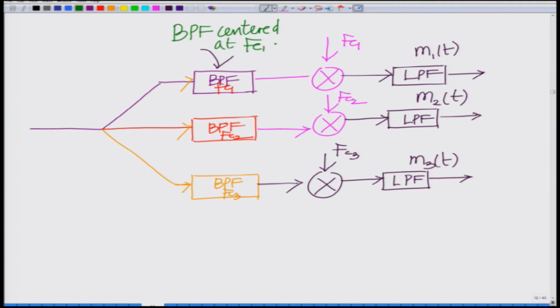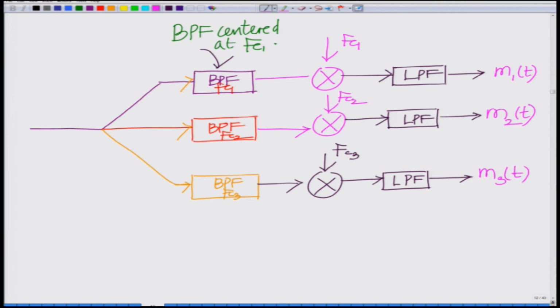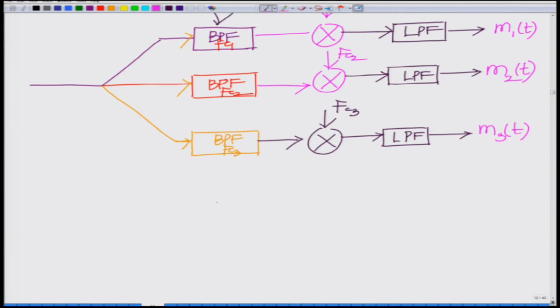Okay. And then we are able to separate. So, this will give us your M1(t), this will give you your M2(t).